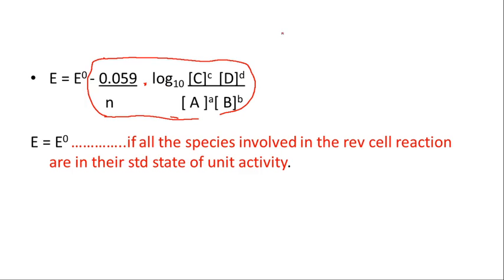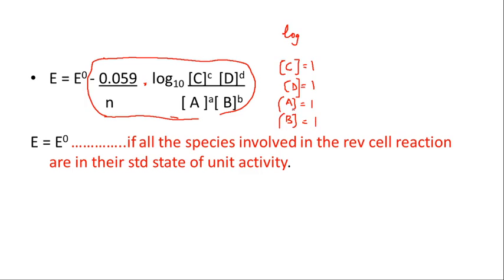When log of this term becomes 1. That is, when all the concentration terms are equal to 1. Concentration of C is equal to 1, concentration of D is equal to 1, concentration of A is equal to 1, and concentration of B is equal to 1.